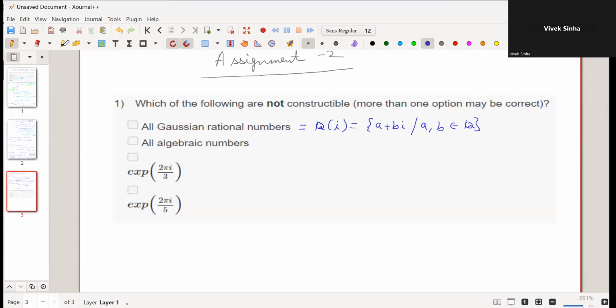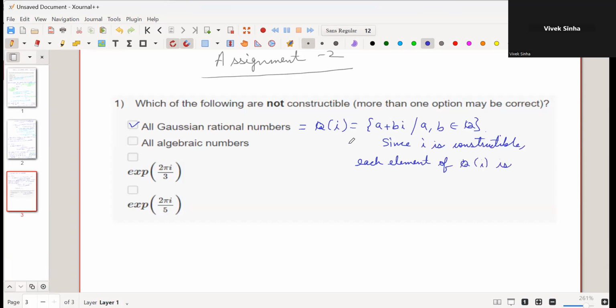Okay, now this is okay because i is constructible and each element of Q is constructible. Since i is constructible, and i is constructible because it lies in a degree 2 extension, right?